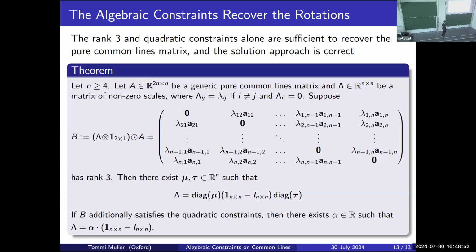Then the final matrix B you get after doing these 2 steps is just some alpha scalar times the pure common lines matrix. So you're done. If you do these 2 sequential steps, you've found your pure common lines matrix up to scale. Are there any questions?